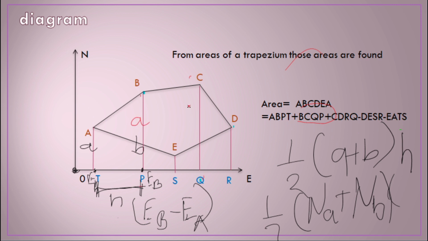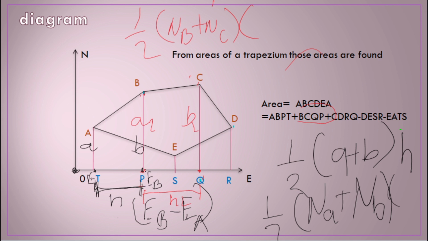Here it is represented by A and B, so that will be a half into A plus B multiplied by H. Here the distance from here to here is the northing of B, plus the northing of C, then multiplied by our H, and our H is the distance between P and Q. So this is our H, we can say that is H2.